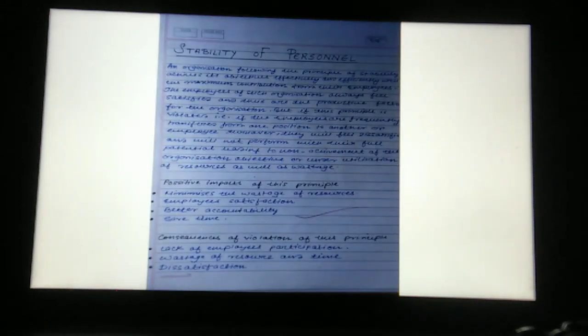Then comes equity. What does this equity say? You have to mention it here. Then comes the result of empirical investigation. Then the stability of personnel. This is the picture. Whatever picture you paste, you have to label those pictures. Then the meaning of stability of personnel, its positive aspects as well as negative aspects, then the results of empirical investigation.